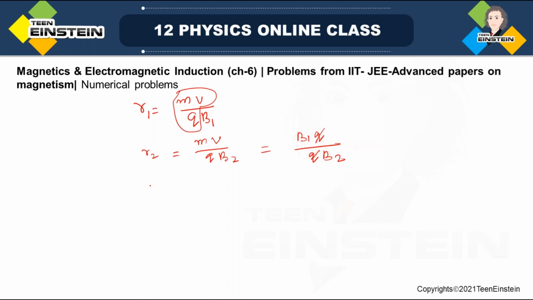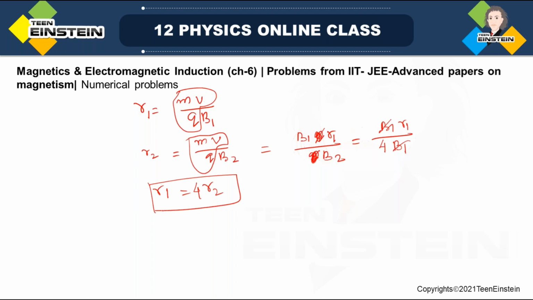B2 is 4 B1, so B1 cancels, and r1 is 4 times r2. This is the relation we got.